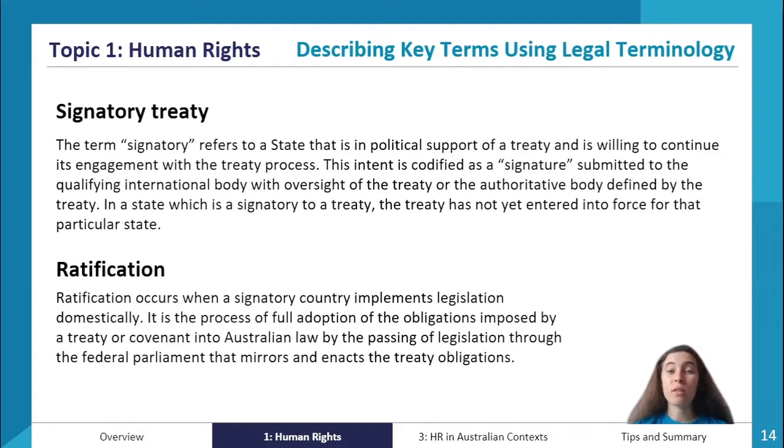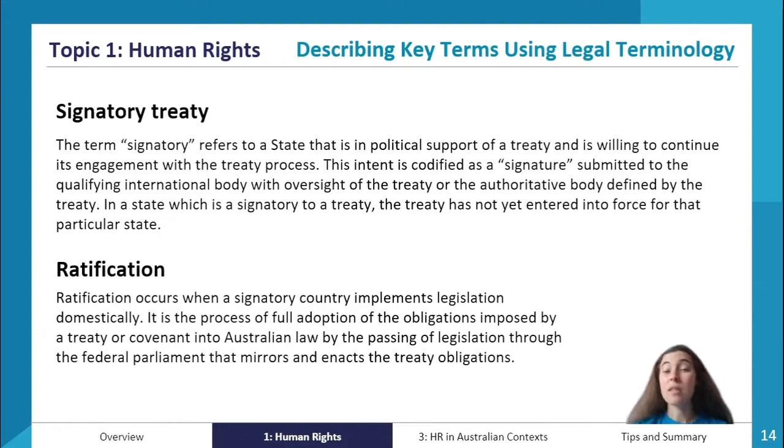But it's just that indication of support, and it's not quite that official level yet. So this is about intent. The intent is codified as a signature, as the word implies, and that signature is submitted to whatever the international body is that has power and oversight over that particular treaty.